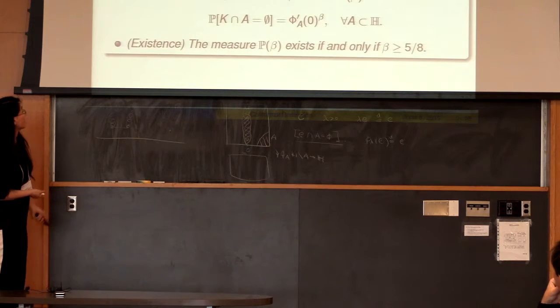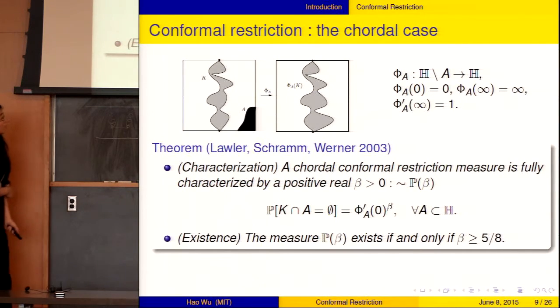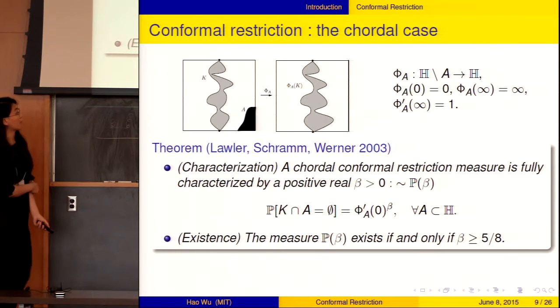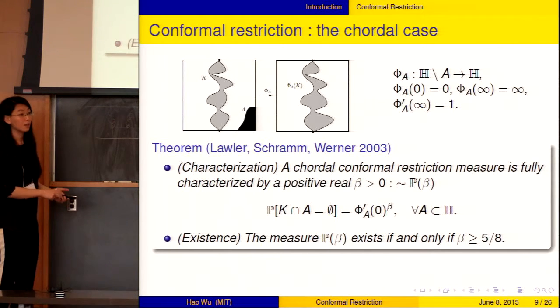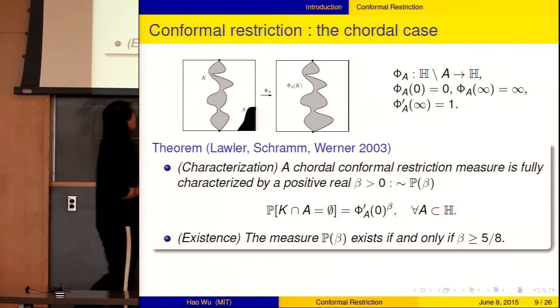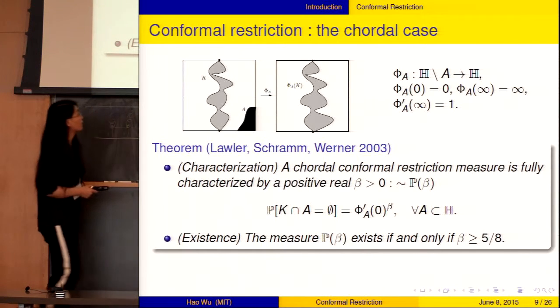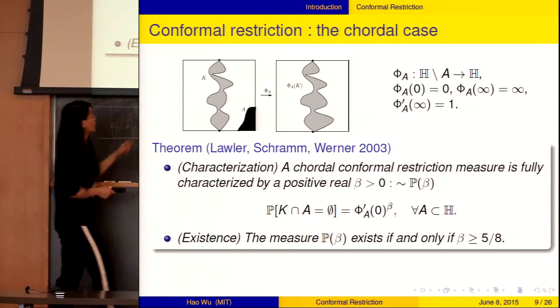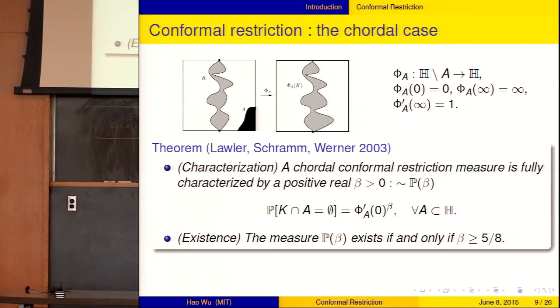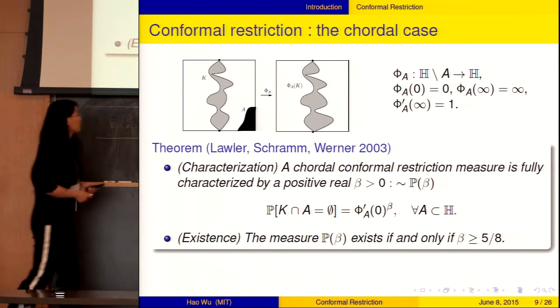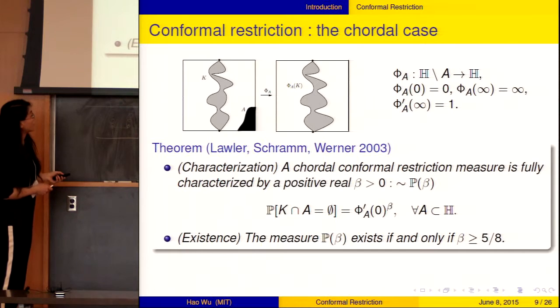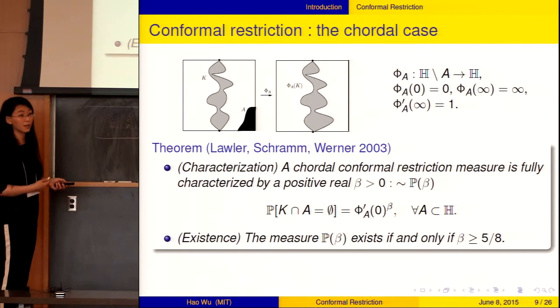The answer is here. A chordal conformal restriction measure is fully characterized by a positive real beta, which is related to the random set in this way. For any set A, the probability of K avoiding A is phi A prime 0 to the power beta. The second part is called existence. This measure exists if and only if beta is big enough.